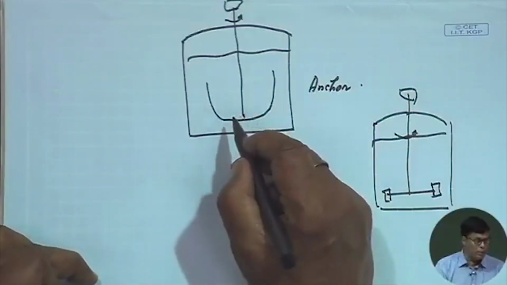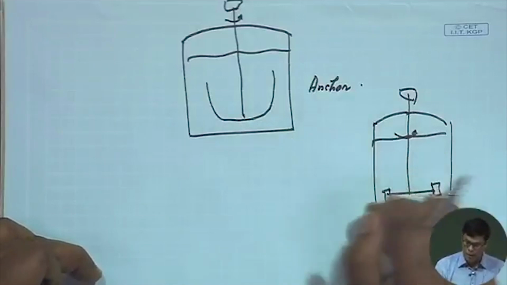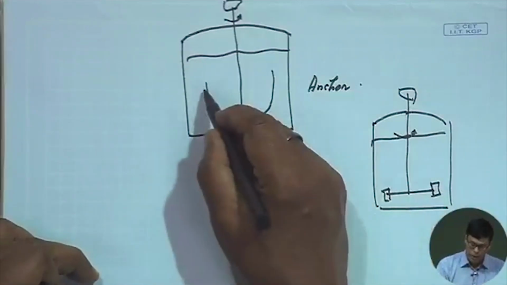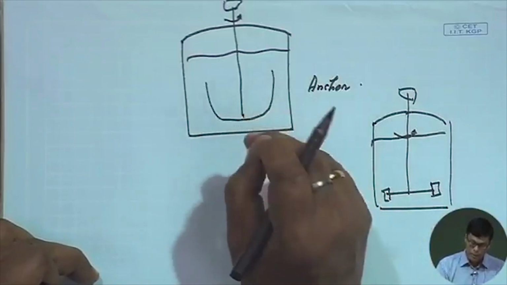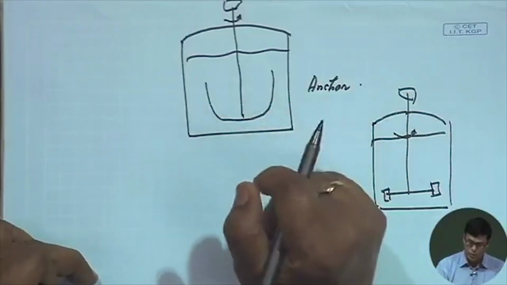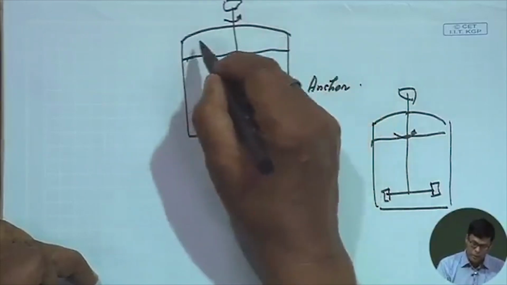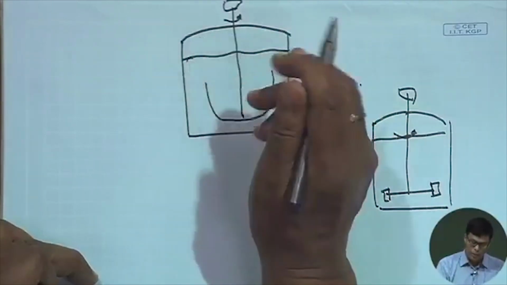If you have high shear forces, the crystal formation will be inhibited. But if you have low shear forces, then the crystal formation will not be inhibited. So we use this kind. We reduce the temperature after concentrating.